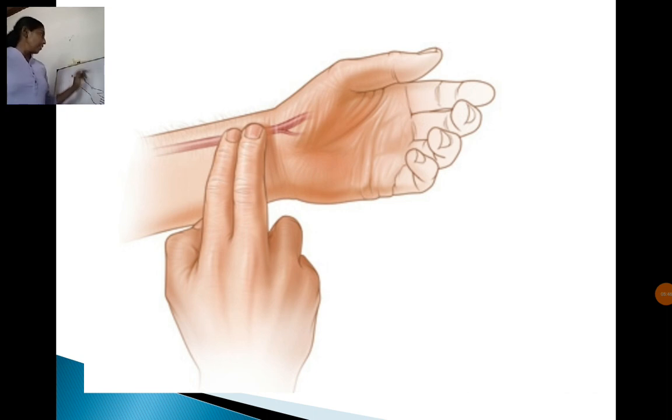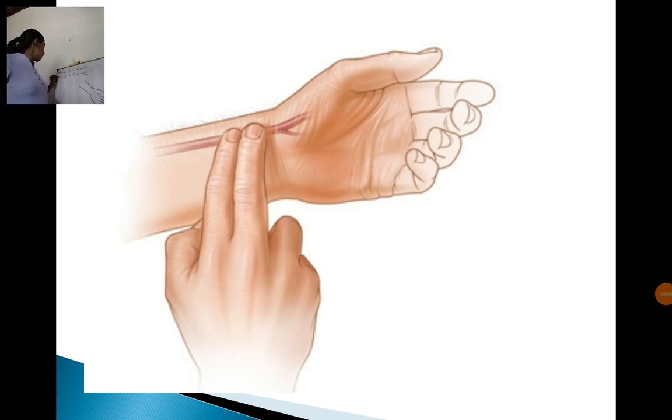When we count for 30 seconds, multiply the number of pulses by 2 to get the pulse rate.